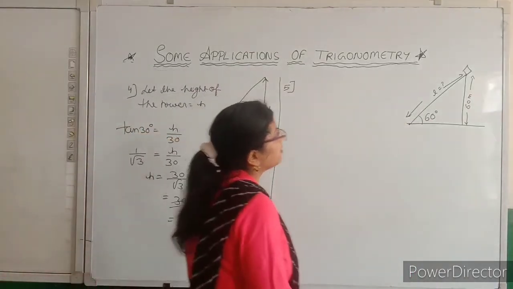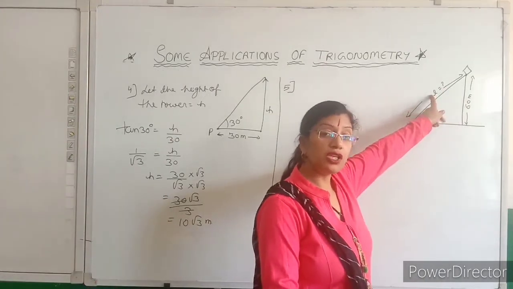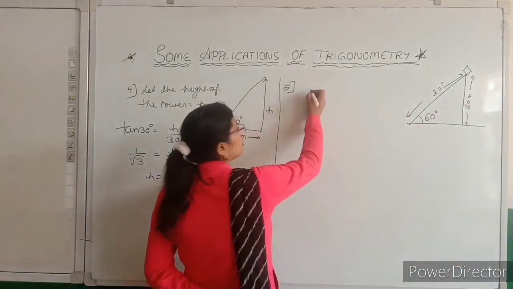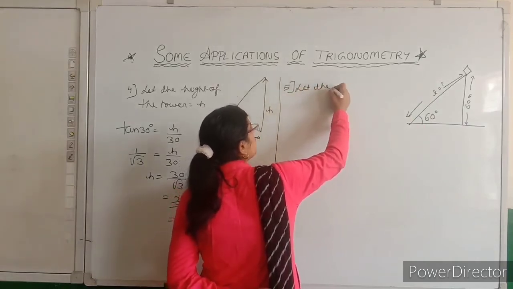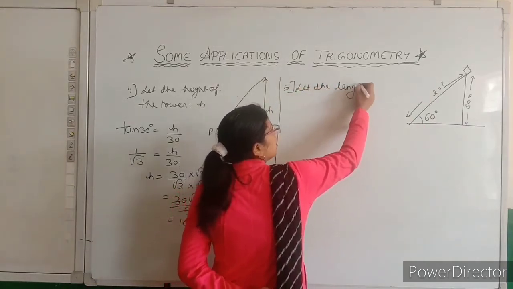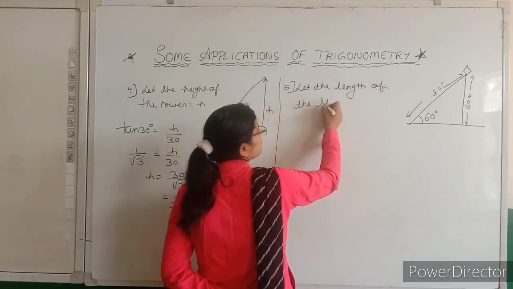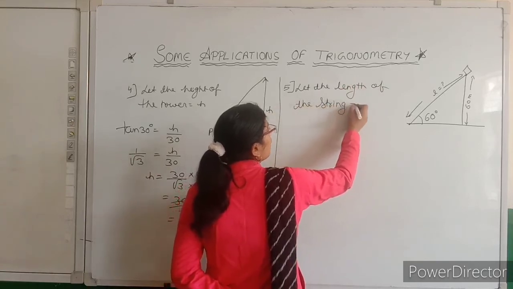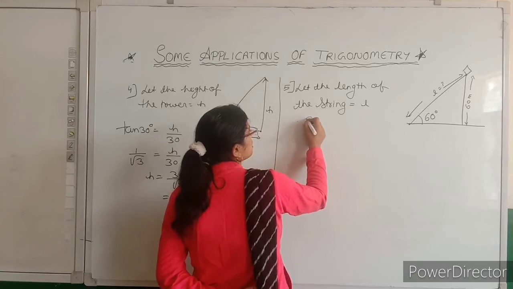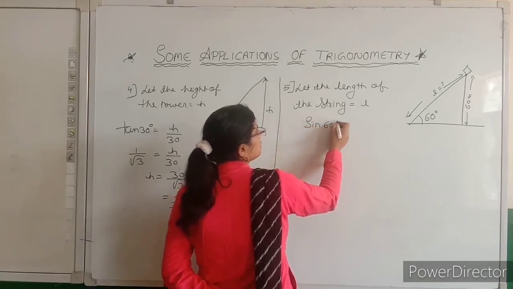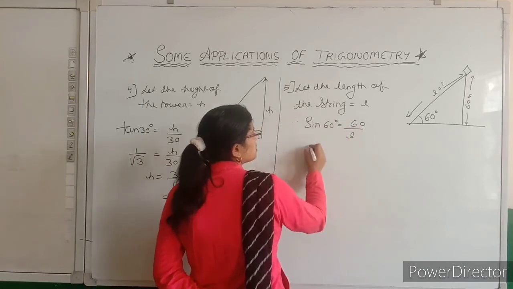So very easy. This perpendicular is given to you, and you have to find the hypotenuse. So what you will write? Let the length of the string be L. Therefore, using sin theta, sin 60 degree is equals to perpendicular upon L. So what is sin 60 degree?